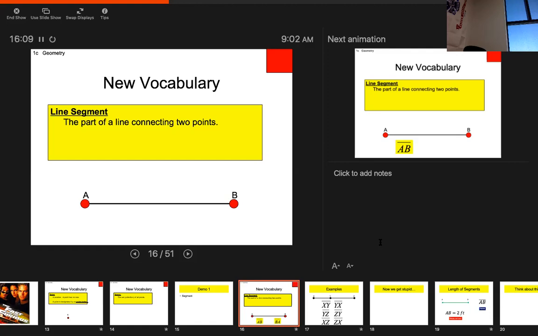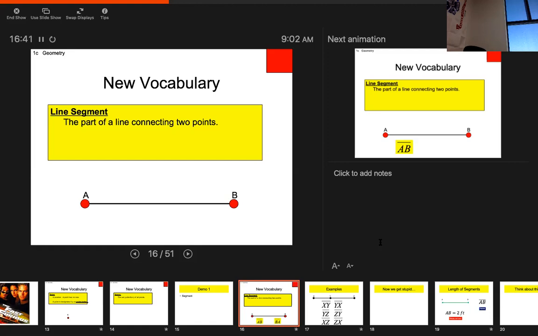Can you remember 2 years ago how we defined a line? I mean, how do we write the name of a line segment? Chris, you remember? What's the name of this one? It's not a line, it's a line segment. What's your guess? That's right. We will name line segments not by their middle points, not by any 2 points, but by the 2 endpoints.